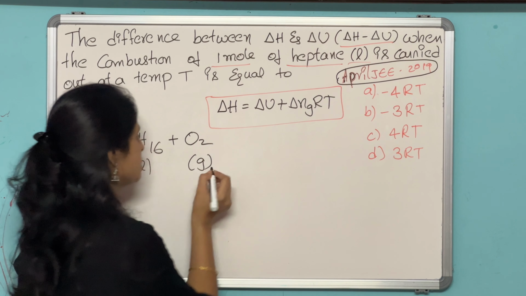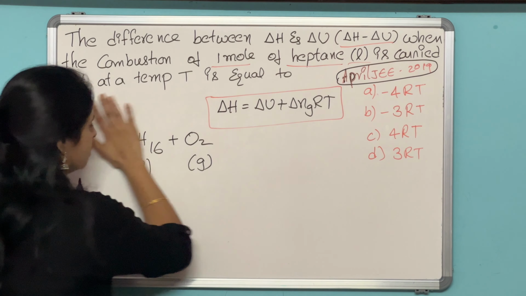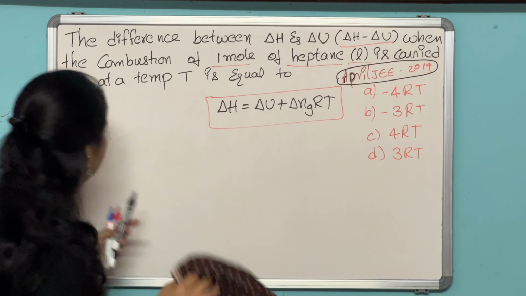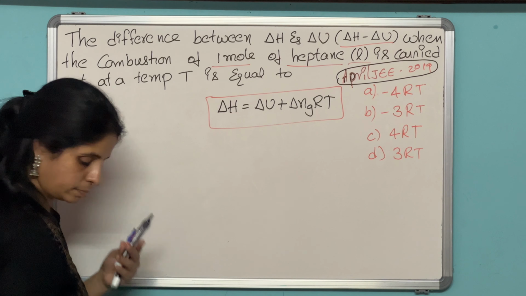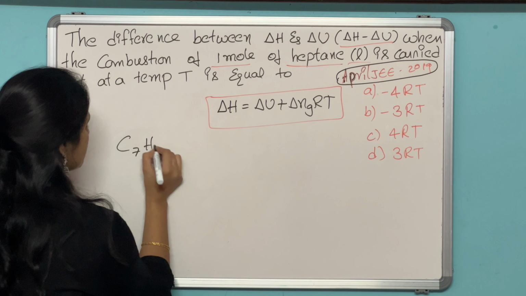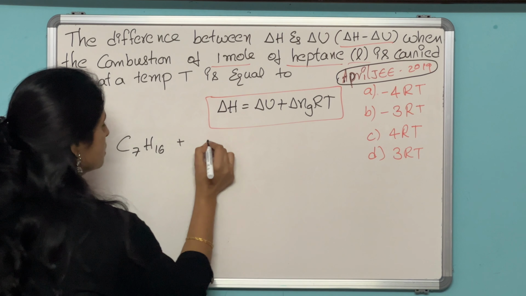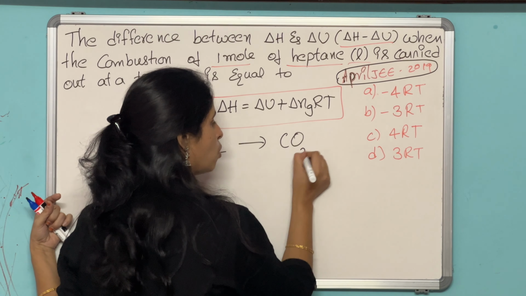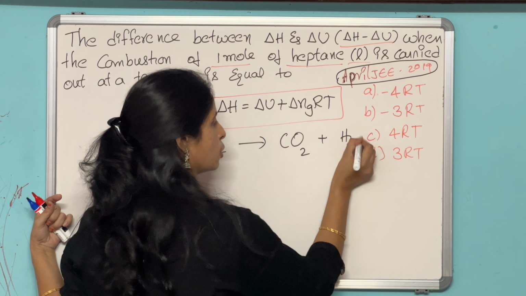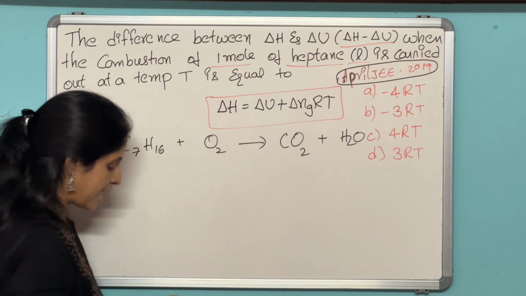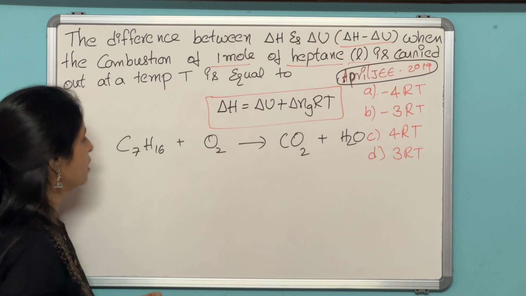So C7H16 plus O2 gives rise to CO2 plus H2O. I told you what the products are. So balance this equation first.